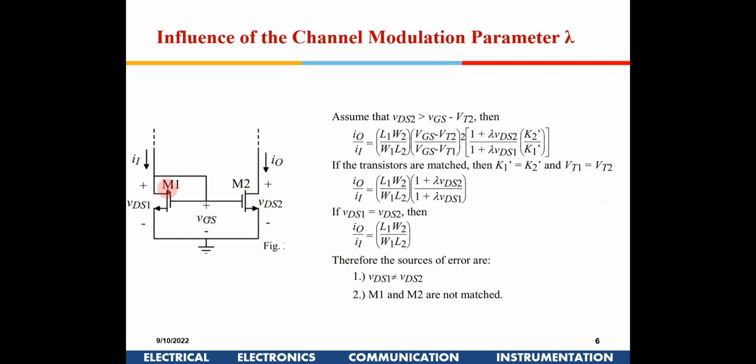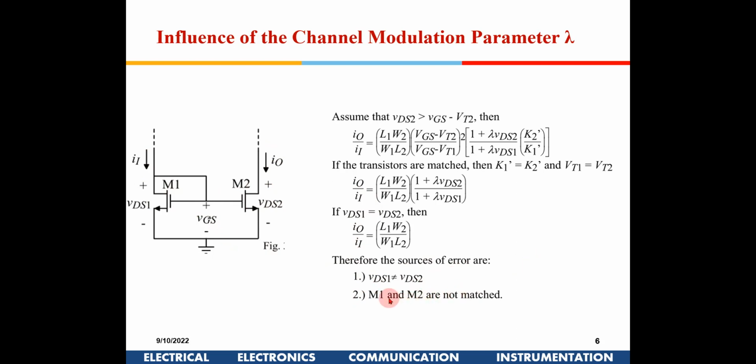Then we saw it's ideal if you just make a mirror like this. If you consider the channel length modulation, then if VDS1 is not equal to VDS2, which will usually be the case, there will be a difference between I1 and the desired value. That introduces a systematic error.